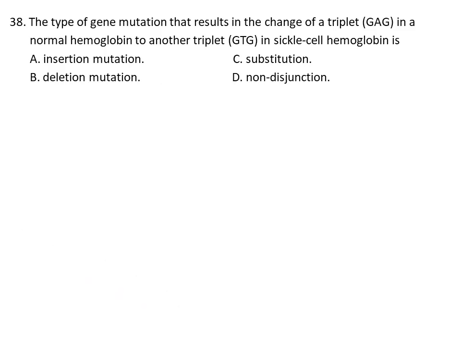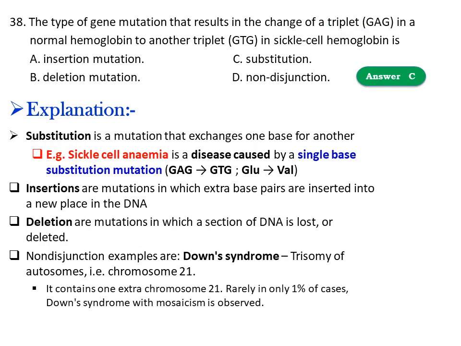Question number 38. The type of gene mutation that results in a change of the triplet GAG in normal hemoglobin to another triplet GTG in sickle cell hemoglobin is? So the answer will be C, substitution. Substitution is a mutation that exchanges one base for another.